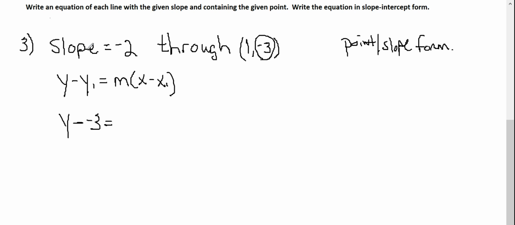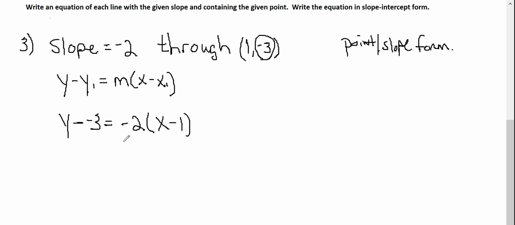equals m, the slope. Remember, I'm going to start using m as the indicator of the slope. So the slope is negative 2 times x minus x1, which is 1. Okay?